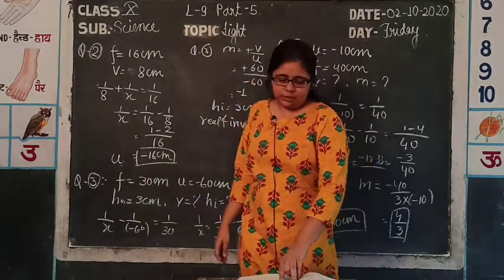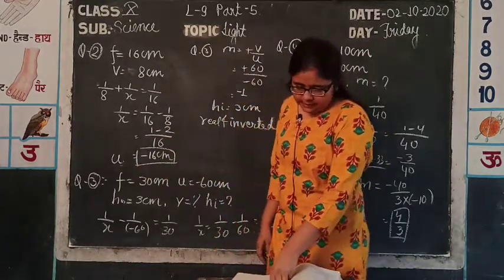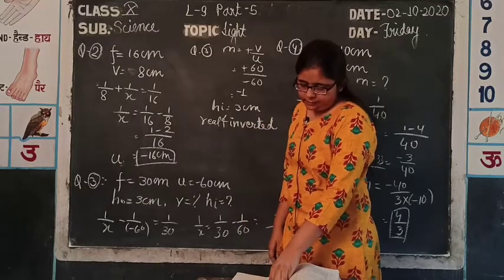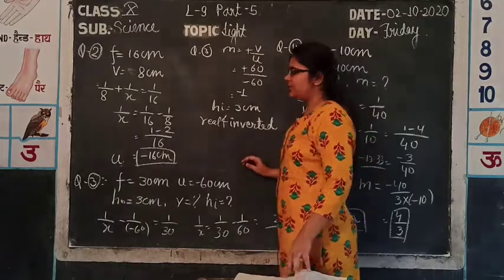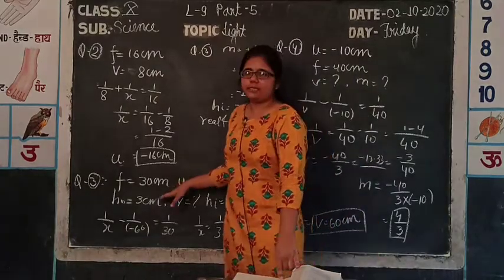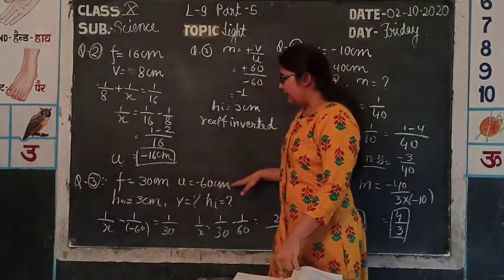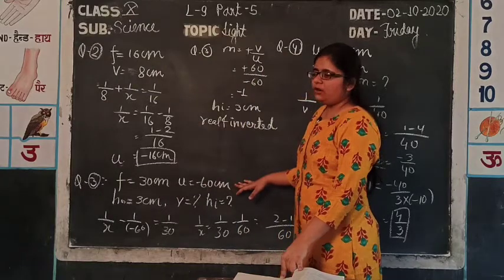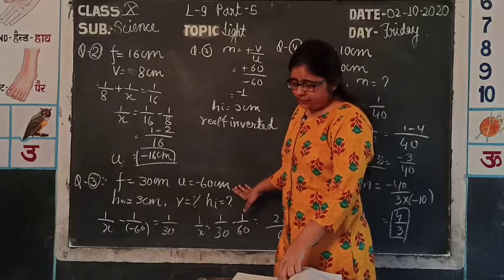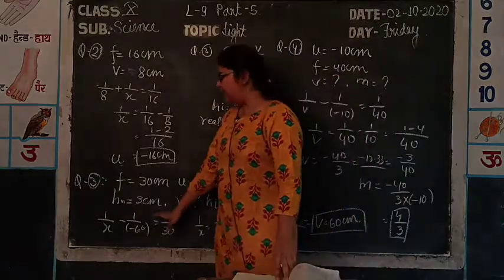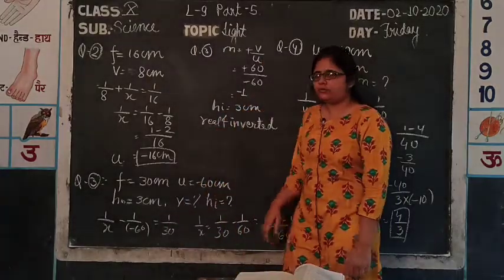Next, question number 3. An object is placed at a distance of 60 centimeter from the convex lens of focal length 30 centimeter. As the lens is convex, focal length will be positive 30 centimeter and the distance of object will be always negative, that is minus 60 centimeter. The height of object is given, that is 3 centimeter, and you have to find the details of image.